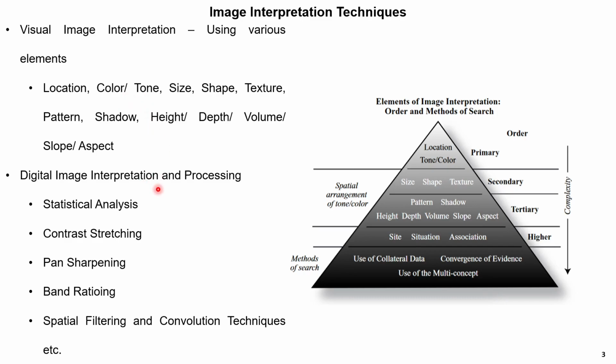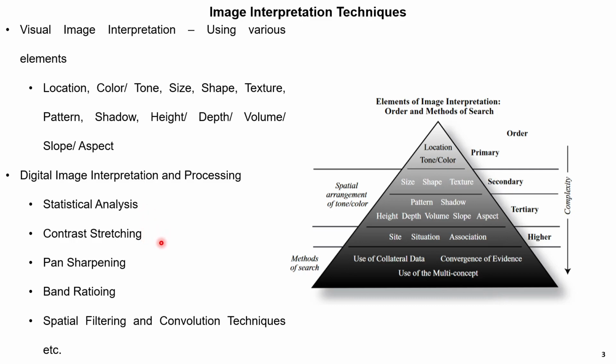Then we'll see in detail the digital image interpretation and how to process some of the images. First we'll look at the statistical methods. In this we'll be seeing some of the statistics and how to evaluate them. We'll be solving some problems. Then how to do contrast stretching.